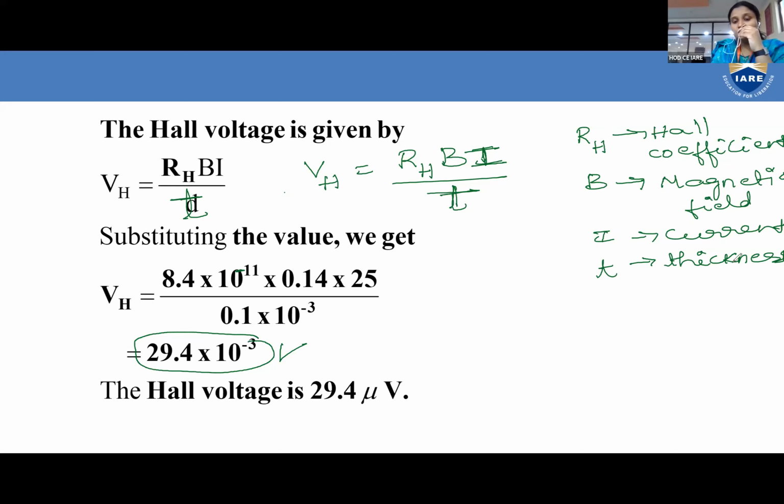So here we got Hall voltage, but what else do we need to find? We need to find mobility. So what is the formula for mobility?